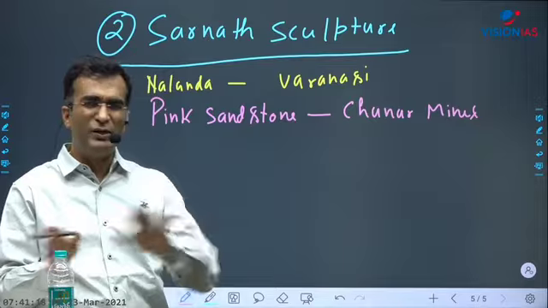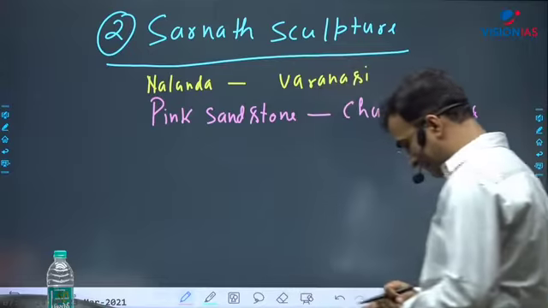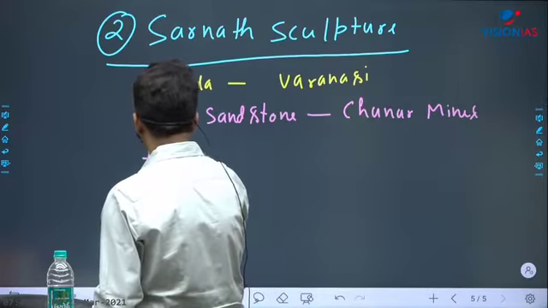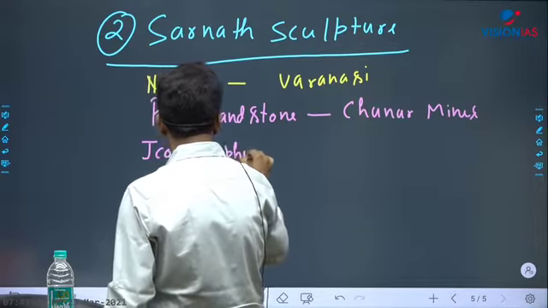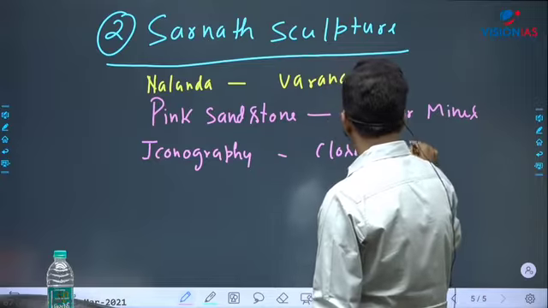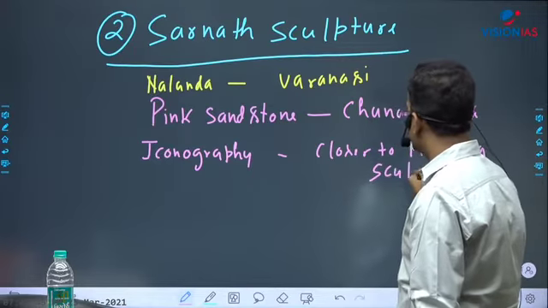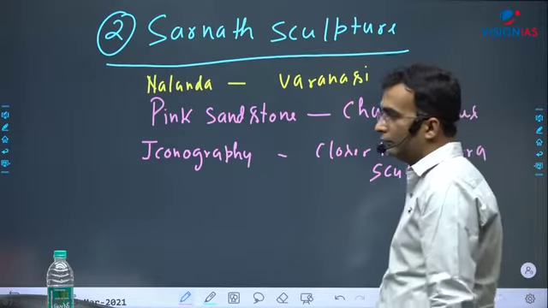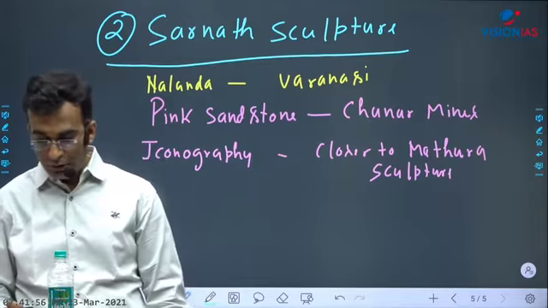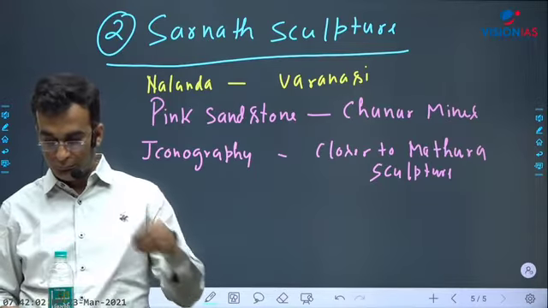Then you write. Keep writing continuously like this. We don't need to separate it, like we did in the previous section. So you write that the iconography of Sarnath is closer to Mathura sculpture with some new additions.